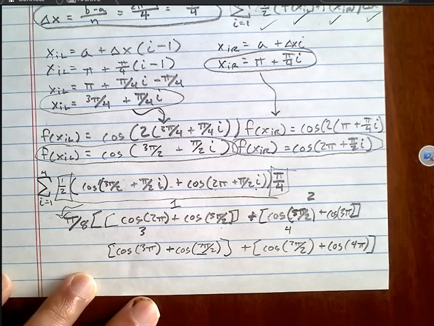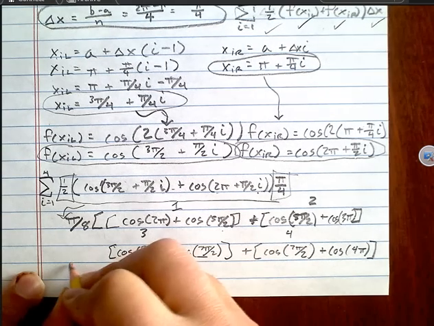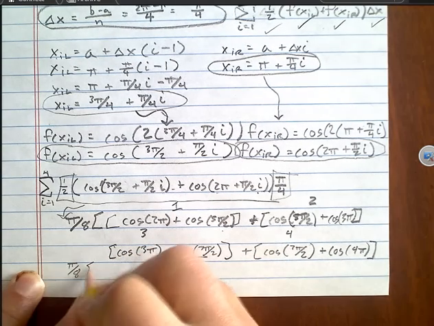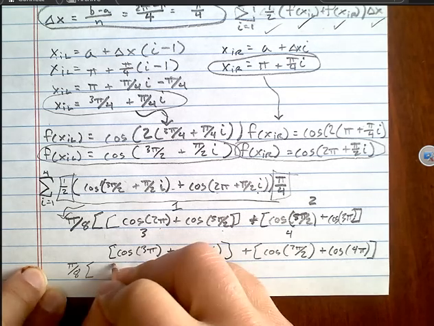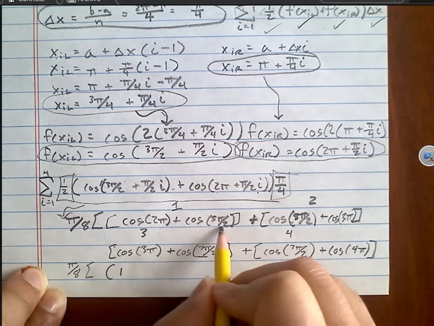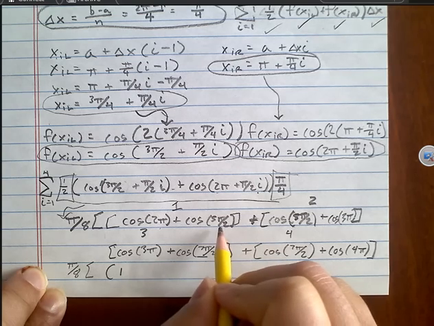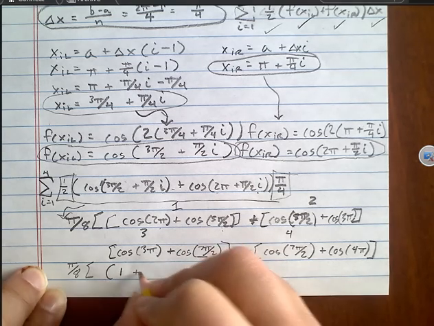Alright, so if you don't have a calculator, you definitely have to know your trig here. The cosine of 2 pi, so you have pi over 8. Cosine of 2 pi is the same as the cosine of 0, which is 1, plus the cosine of 5 pi over 2 is the same thing as cosine of pi over 2, which is 0.